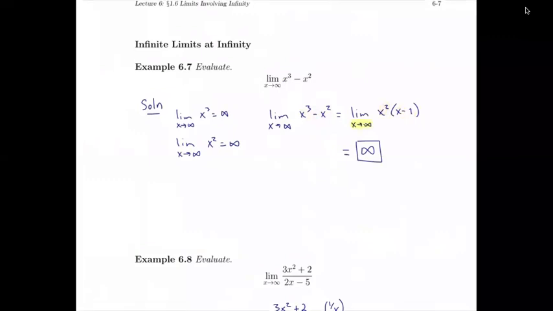As x trends towards infinity, x squared also trends towards infinity. We've actually literally written that down. And it doesn't take much to realize that the limit as x approaches infinity of x minus 1 also approaches infinity. So we have an arbitrarily large number times an arbitrarily large number. They're both positive, right?